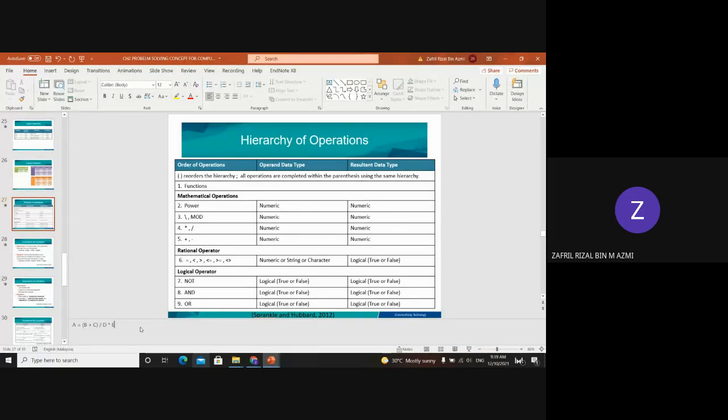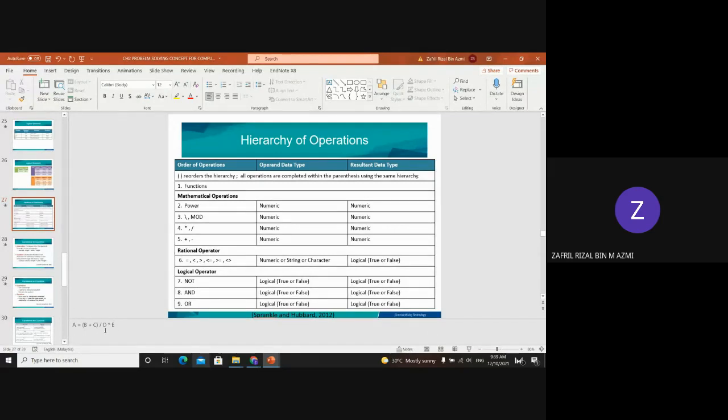The answer is, you see multiplication and division are at the same level. It's not that multiplication goes first; the level is the same. So if the level is the same and we find both in the equation, we solve the leftmost operator first.